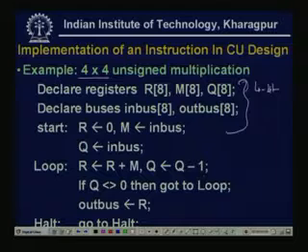Now, the actual algorithm. This algorithm is nothing but repetitive addition, because multiplication is nothing but repetitive addition. So, initially in the initialization portion, or the start loop, register R is set to 0 and the data of in bus is given to register M. In the next clock, the data of in bus is set to Q register.